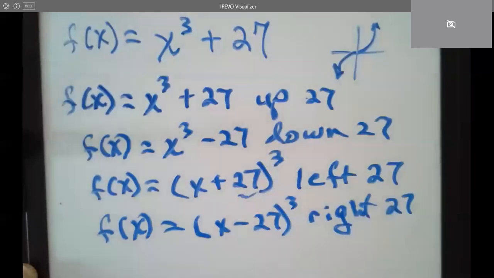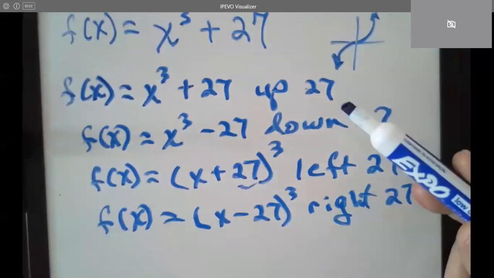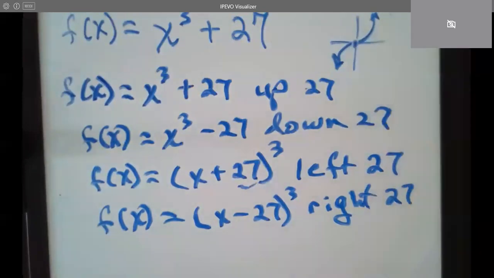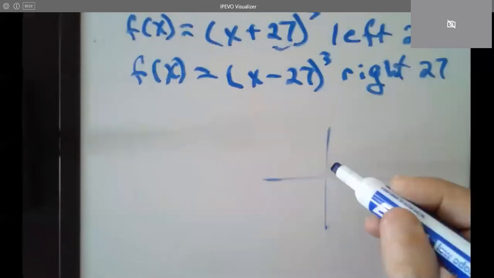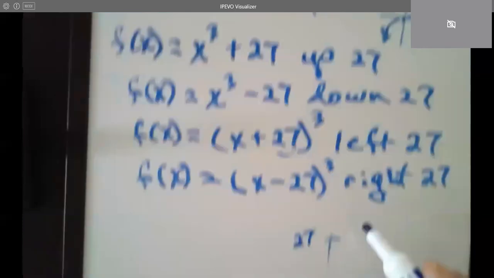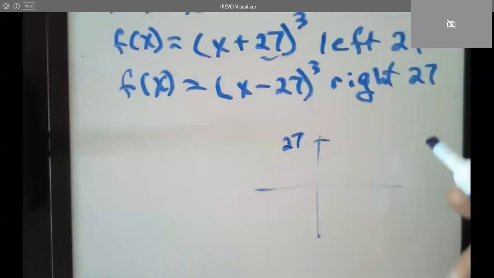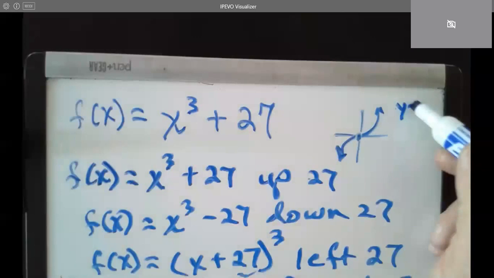Okay? So we determined that this is going to shift up 27. So this point is going to go up. So this will go up to 27 like that. From this point, it's going to look like this graph here, the parent graph for y equals x cubed.